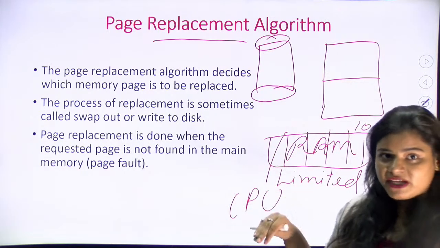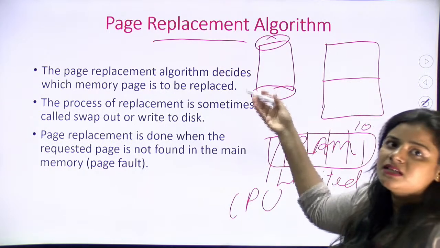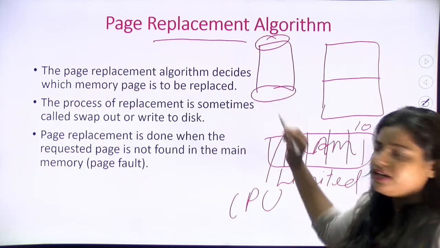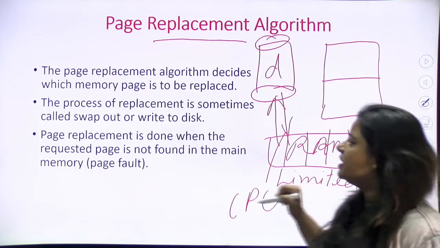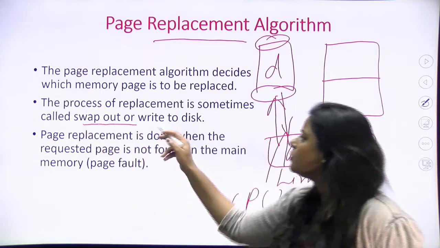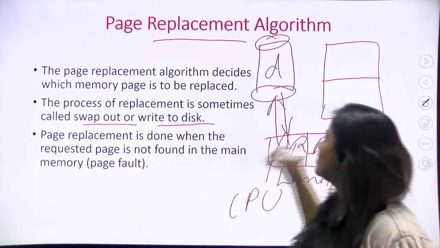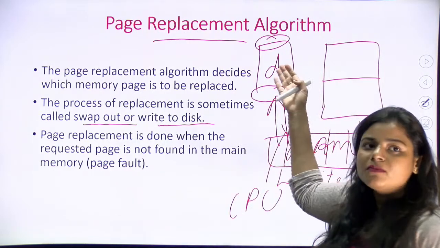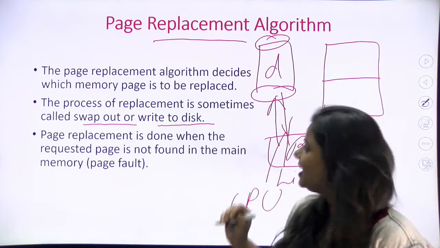So I have to put another page inside the main memory, and I have to replace that page to secondary disk storage. So this exchange or replacement is basically called swap out or write to the disk. We can also call it swap in whenever we are taking any page from disk and putting it inside the main memory. Okay.